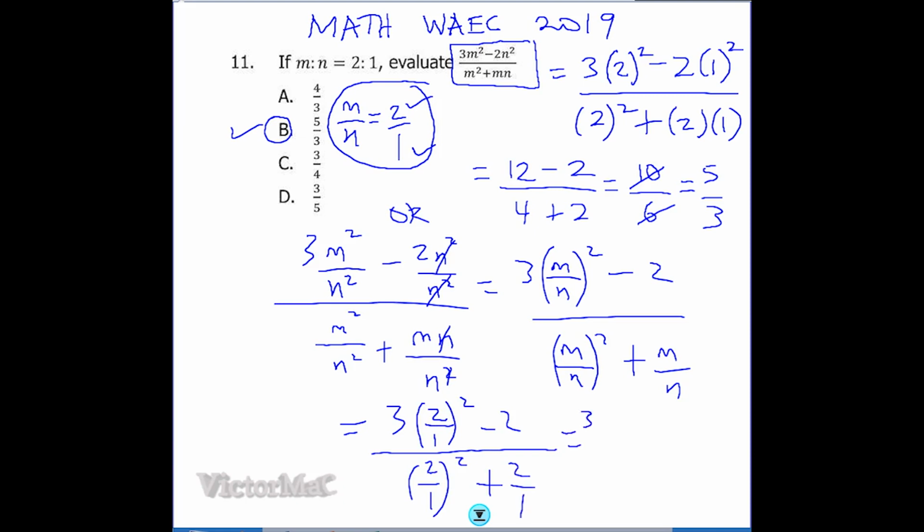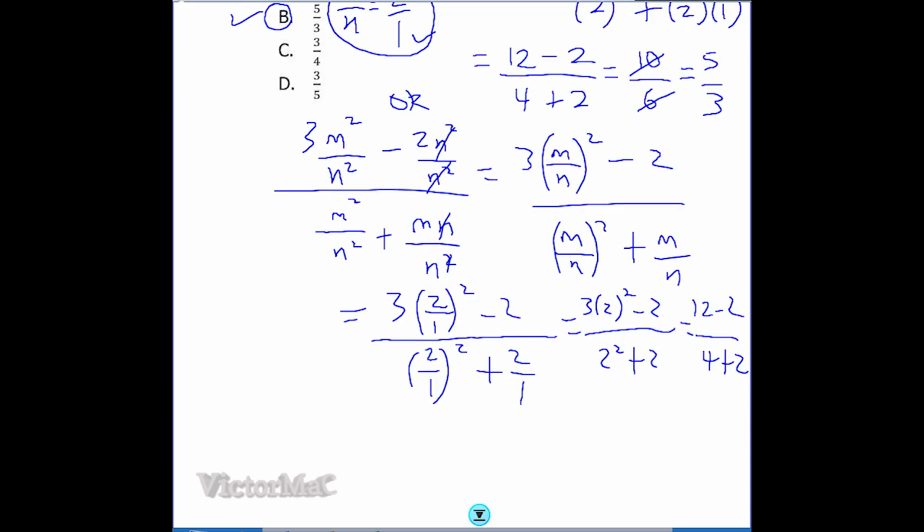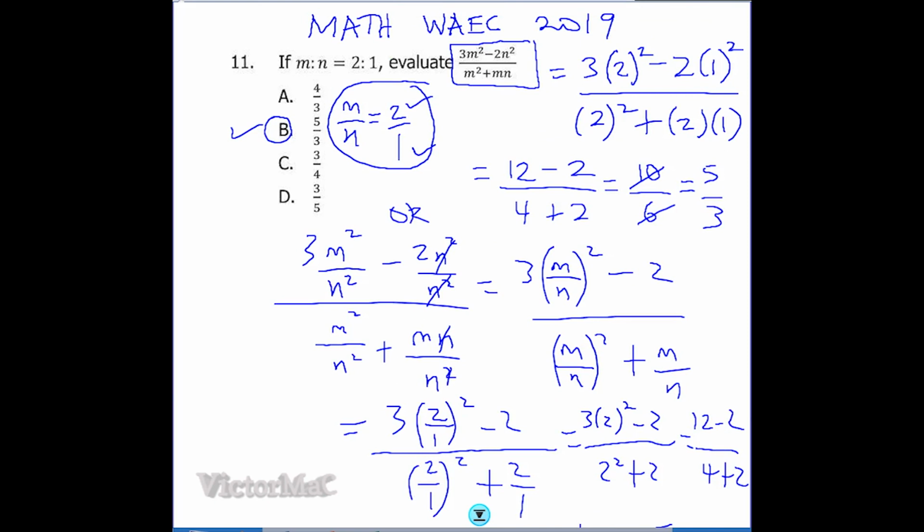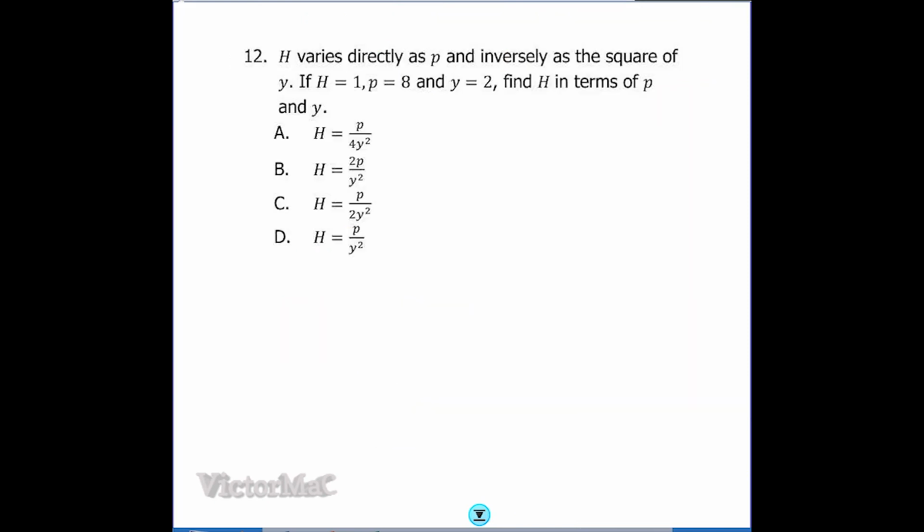So 3 times 2 squared minus 2, and then 2 squared plus 2. 3 times 2 squared, that's 3 times 4, 12, 12 minus 2, and then 2 squared, 4 plus 2, 6. So we have 12 minus 2, which is 10, 4 plus 2, 6. The same procedure, divide by 2, we have 5 over 3. Option B.